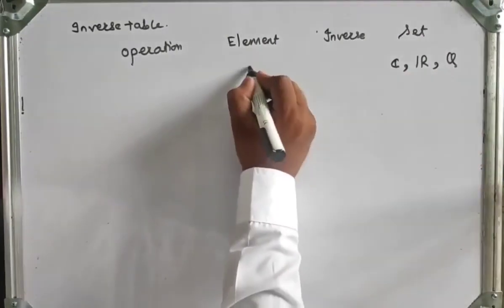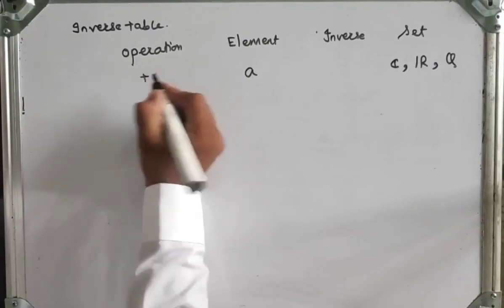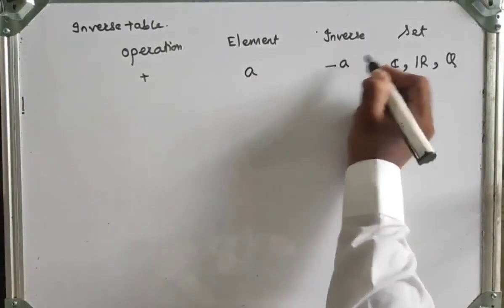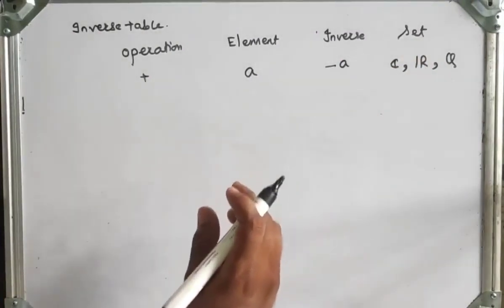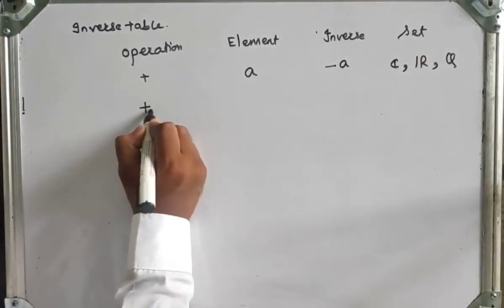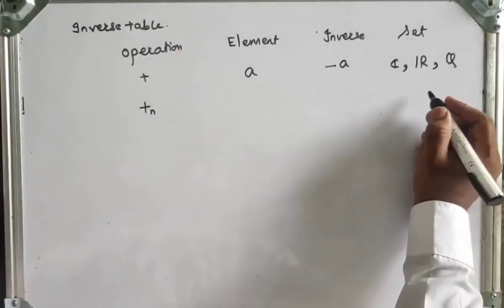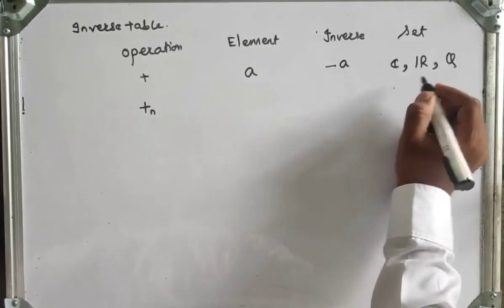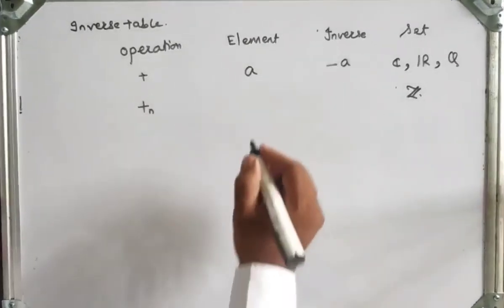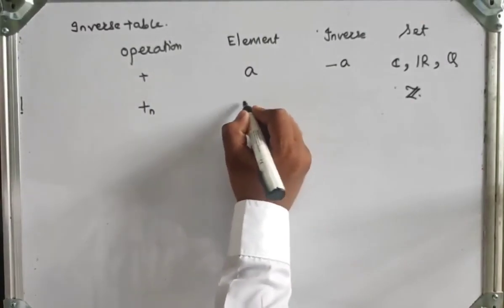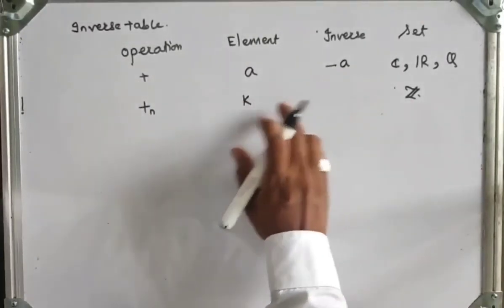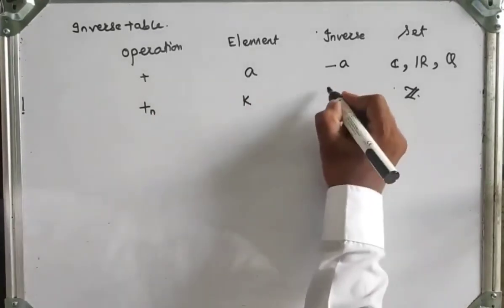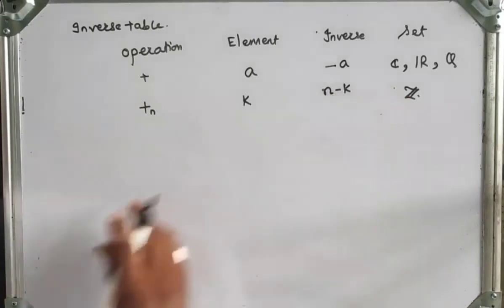I take element A under the operation addition. So the inverse element of A will be minus A. We have seen examples. If I take addition modulo n in the set of integers, suppose I take element k, then the inverse of element k under the modulo n operation will be n minus k.